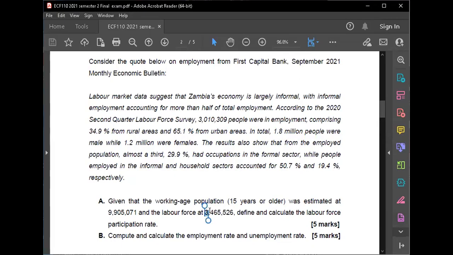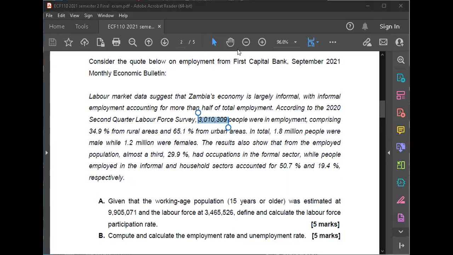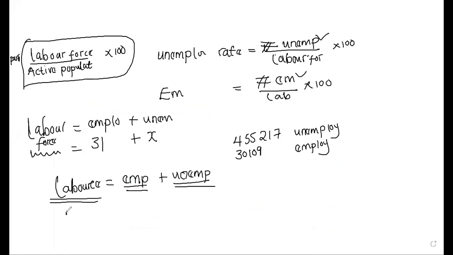So the labor force is right here, we've been given. What about the number of people that have jobs? We also have this one here. I think the first part they say these were in employment, right? So to find those that are unemployed, if you look at our formula here, what do we need to do? It means we'll just make the unemployed the subject of the formula, isn't it?